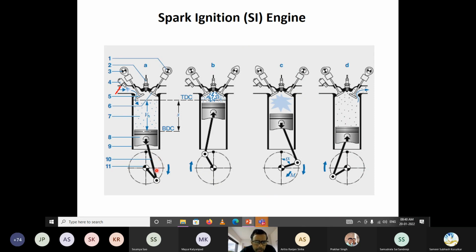You have more than 600 crank angle degrees of duration in which at any time you can inject the fuel. Why am I saying 600? Because the intake stroke is 180 crank angle degrees. So even during the intake stroke, the fuel injection can take place.